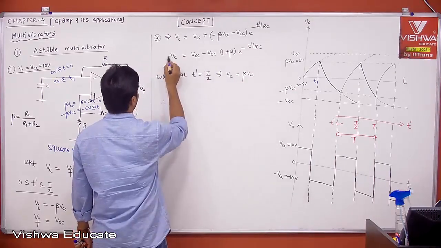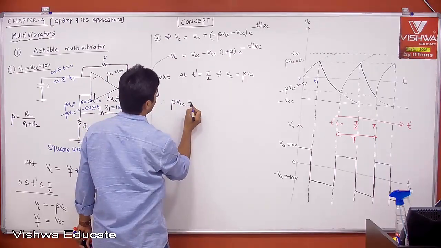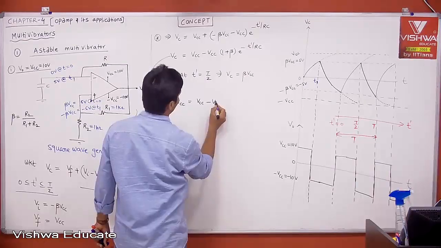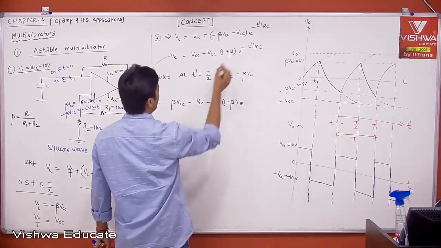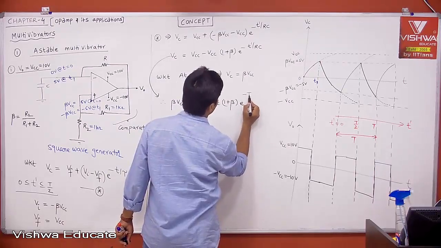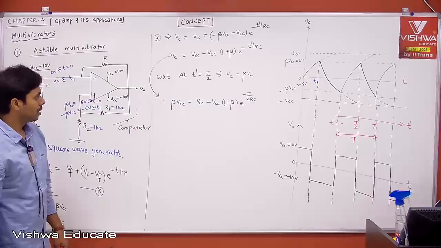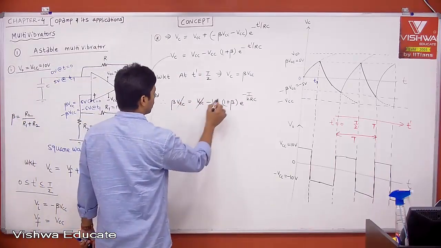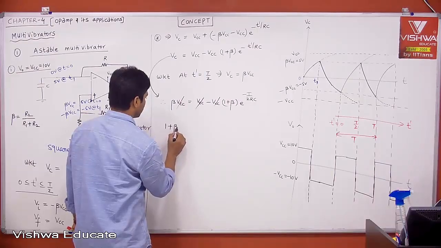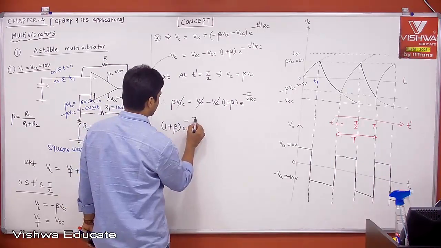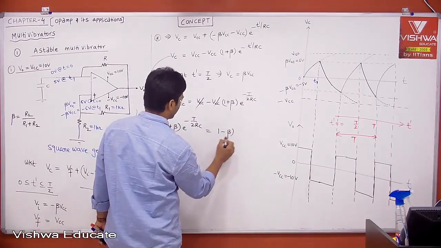Therefore, beta Vcc is equal to Vcc minus Vcc into 1 plus beta into e to the power of minus T by 2RC. Therefore, Vcc will cancel. Then 1 plus beta into e to the power of minus T by 2RC is equal to 1 minus beta.